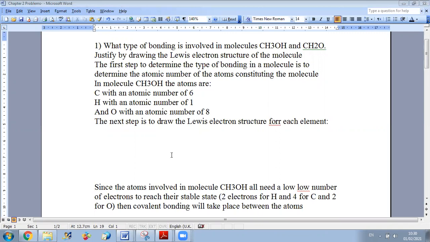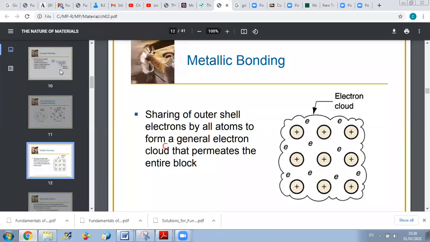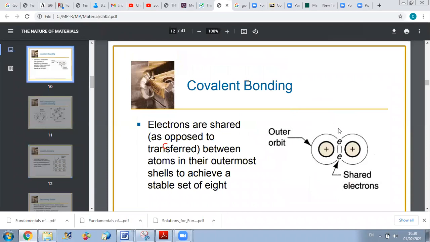Okay? Because look, when you have C, you can see it in more detail here in the slide, in the figure. When you have the definition of covalent bonding, as you can see here, the electrons shared will be common to both.